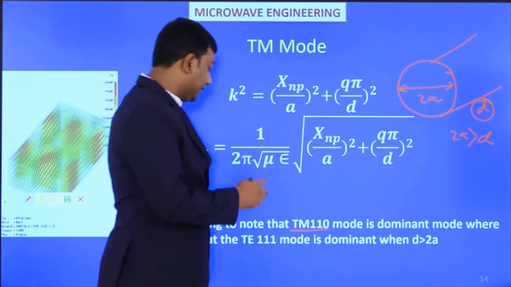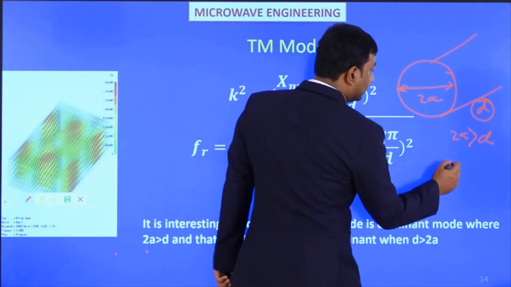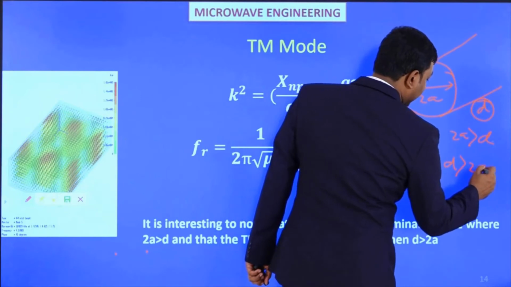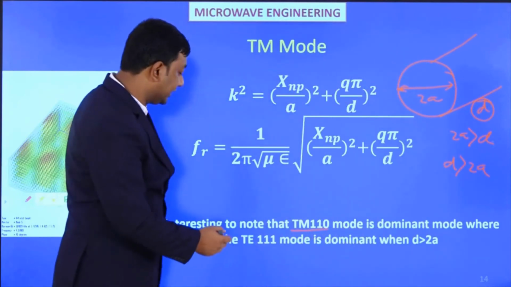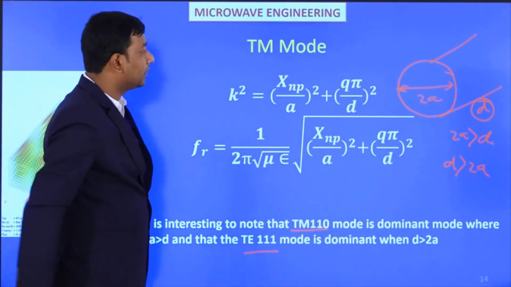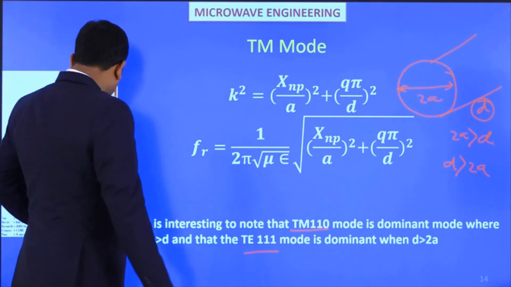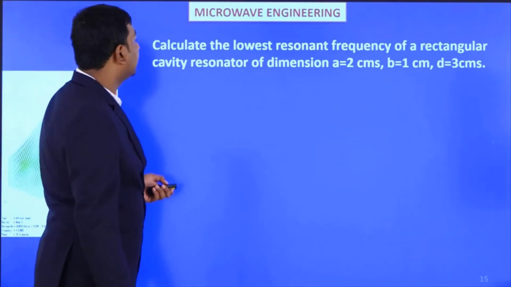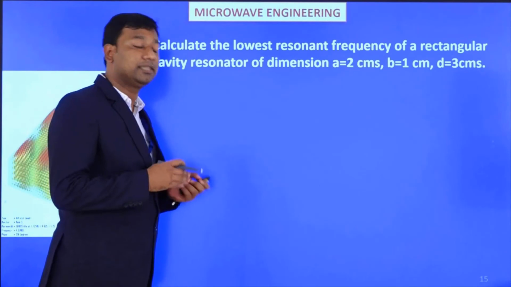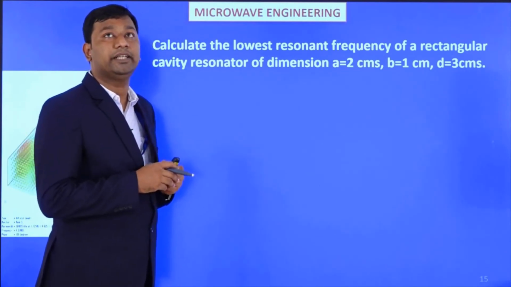And if d is greater than 2a, then the dominant mode will be TE111. Now we will solve some problems based on this cylindrical as well as rectangular cavity resonator.